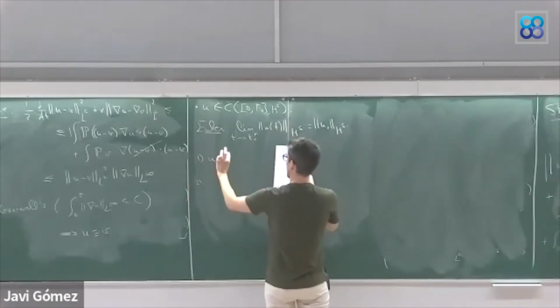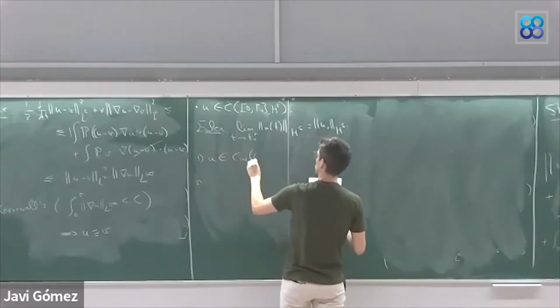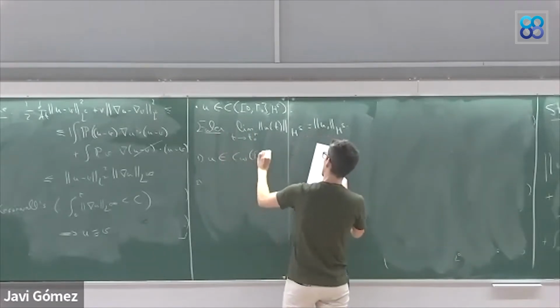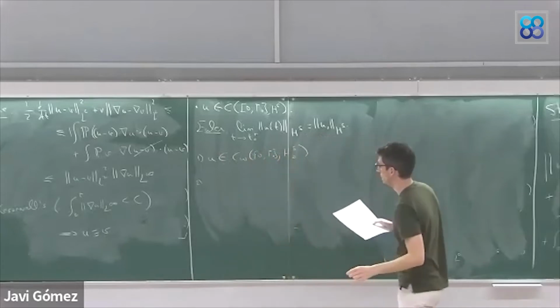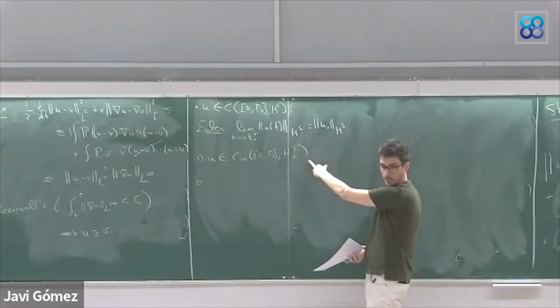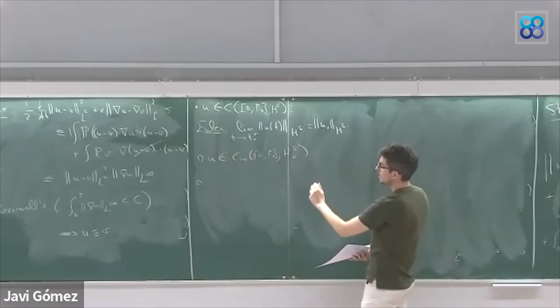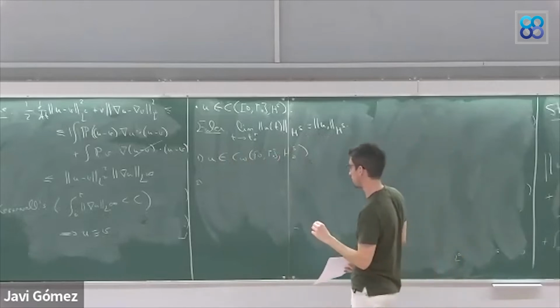Although it's short, it is the proof that we have not continuity, but weak continuity. And if you want to see, this is in Majda, in chapter 3. It's not too long, it's like half a page.